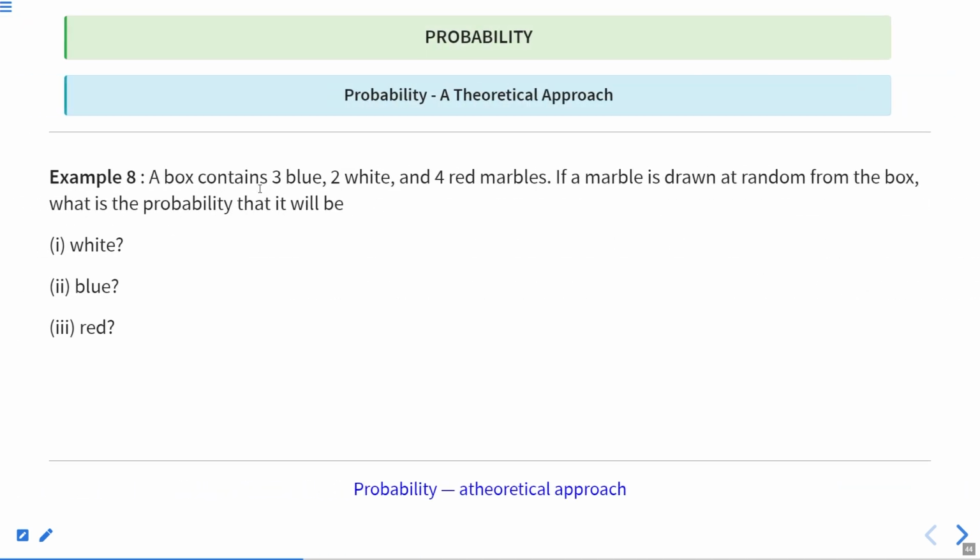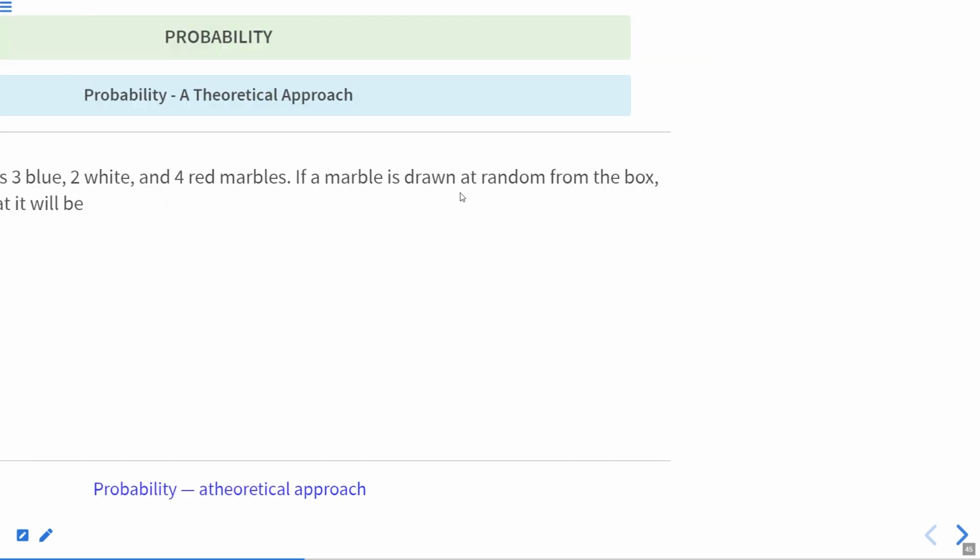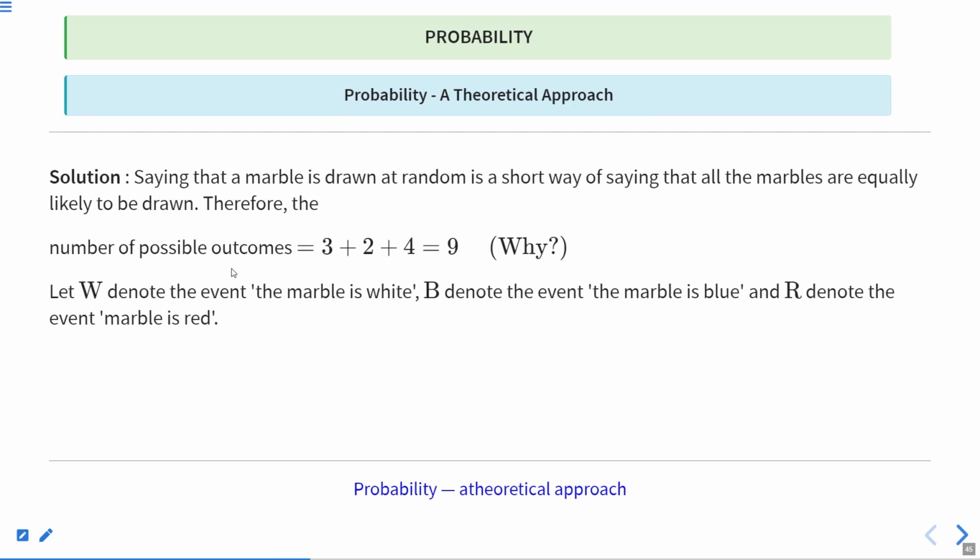Why is this? Because the box contains 3 blue, 2 white and 4 red marbles. If we add them, we get the number of possible outcomes equal to 3 plus 2 plus 4, that is equal to 9. And here we let W denote the event that the marble is white, B denote the event that the marble is blue, and R denote the event that the marble is red.